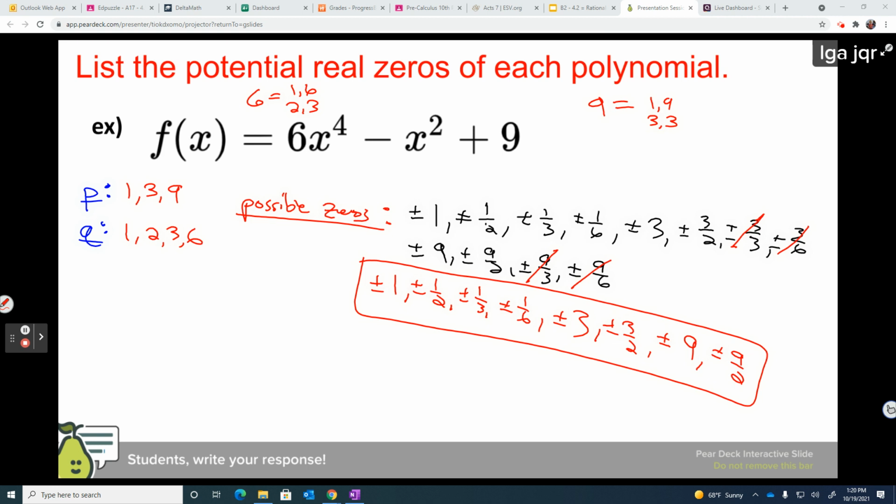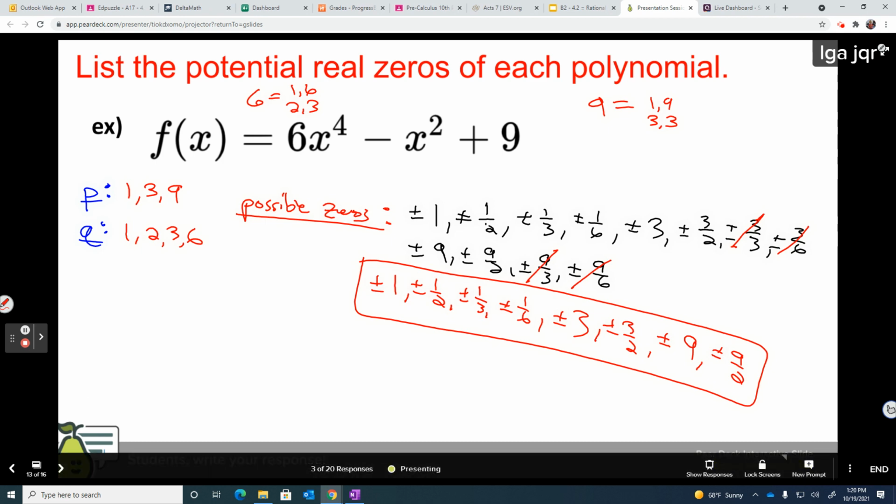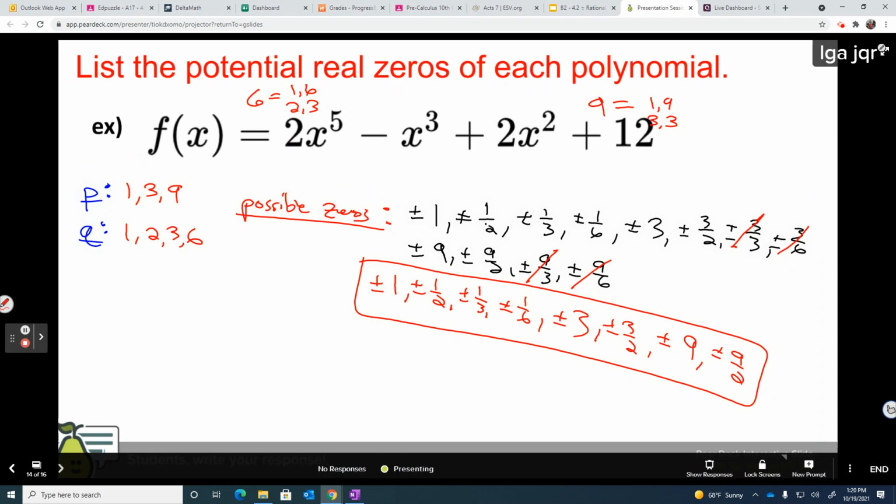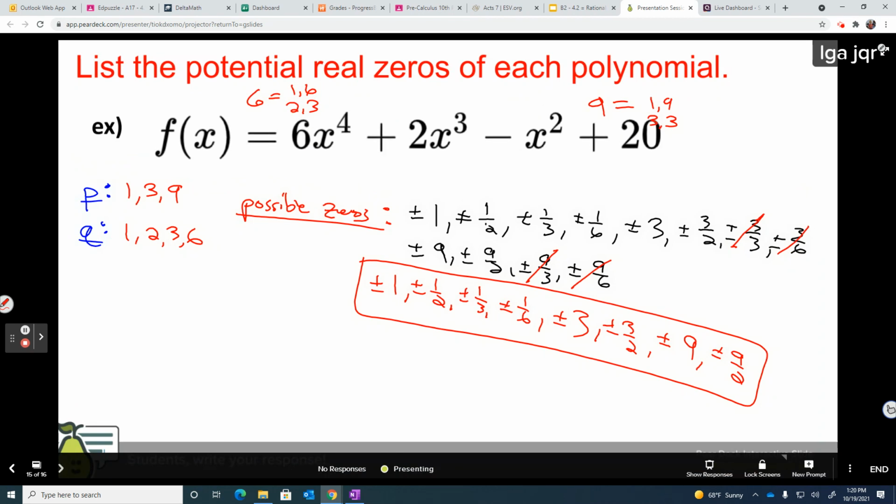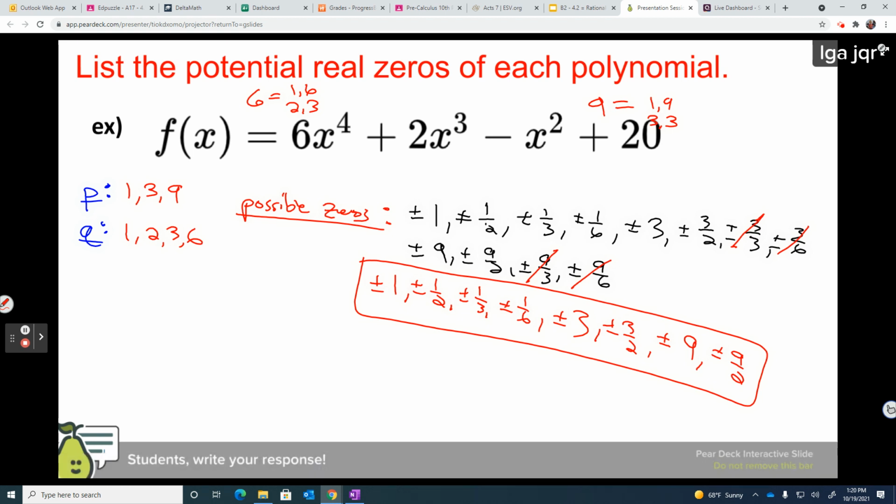I got one last one for you guys to try. You can type this one in. We'll do a hard one here. You can just type in your final answers. That's 6 and 20. And you don't have to type in the plus or minus if you don't want to.